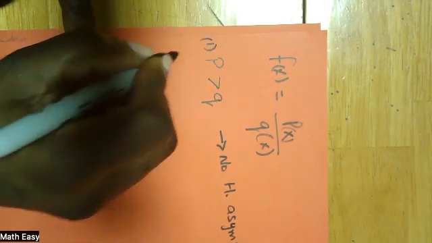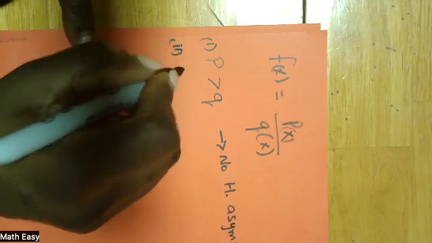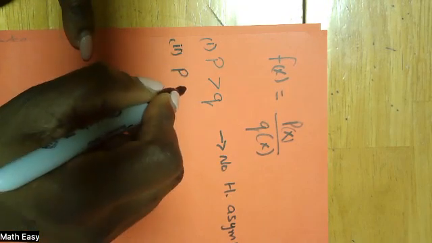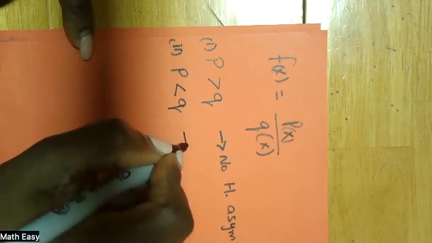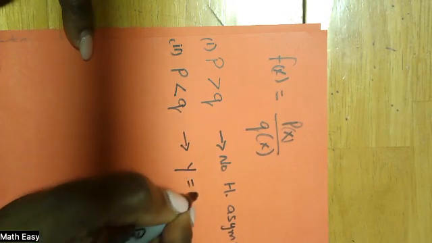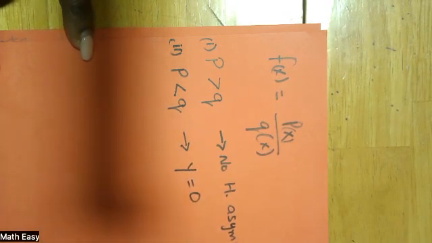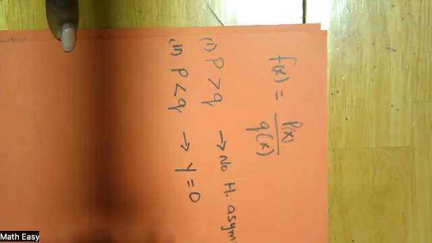So that's the first thing you need to know. The second thing is if the degree of p is less than the degree of q, then y is equal to 0, or your horizontal asymptote is 0.